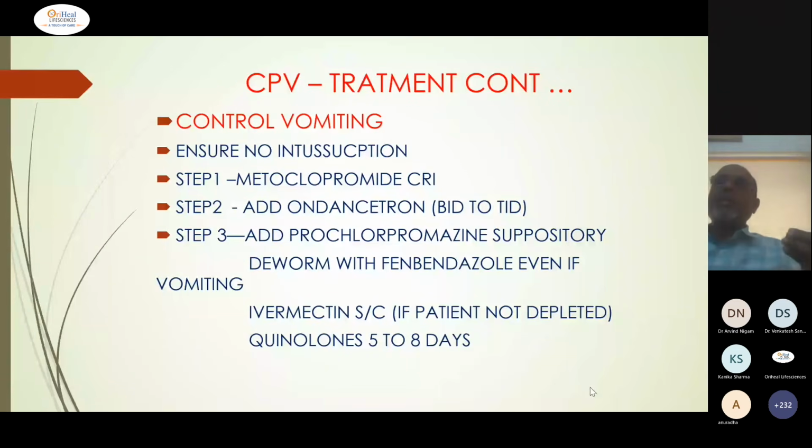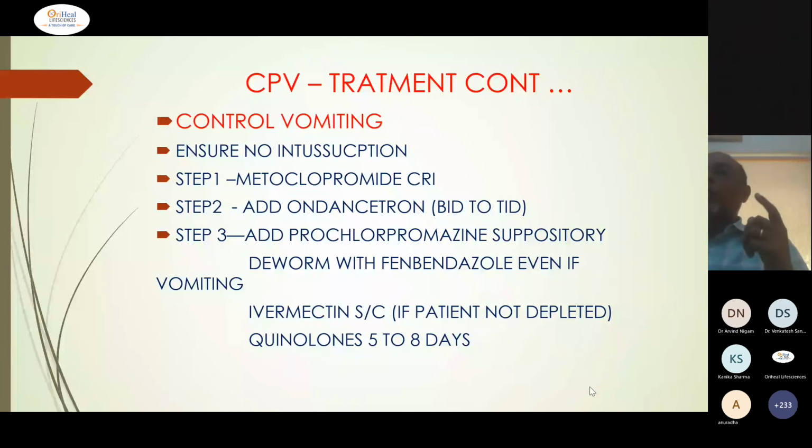Segmental contraction will be absent, whereas giant migrating contractions will continue, and that will make the intestines telescope into each other and they'll go in for intussusception. Intussusception can be at any point, gastroesophageal, ileocecal, or duodenum. Wherever it is, ensure there is no intussusception by doing a thorough palpation as well as thorough ultrasonography.